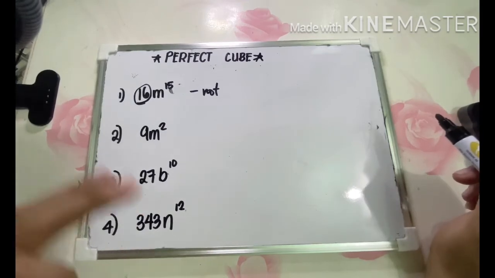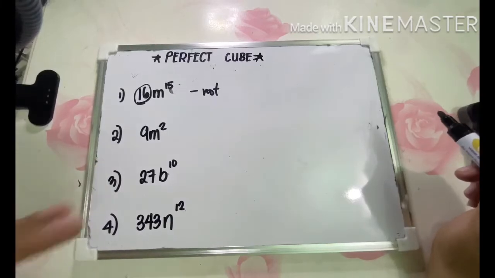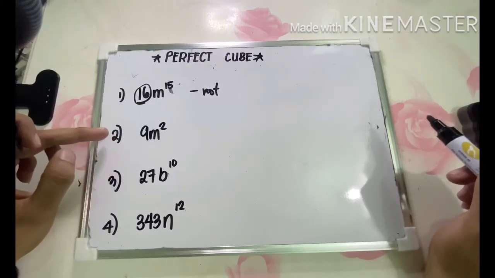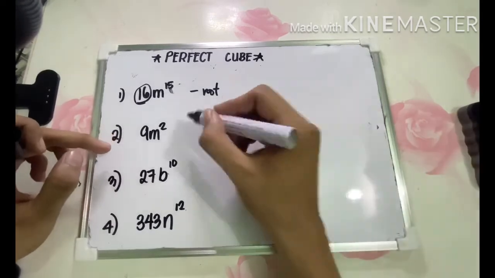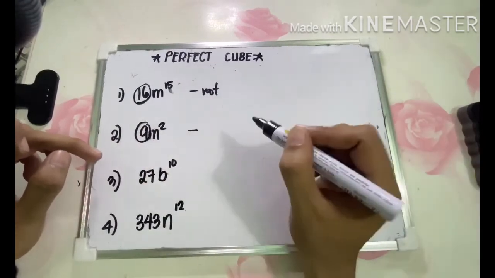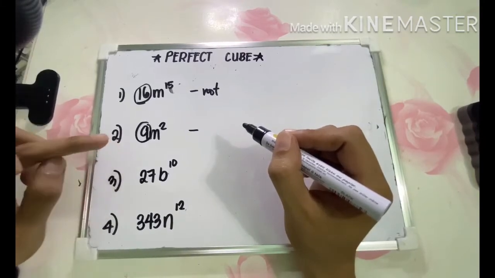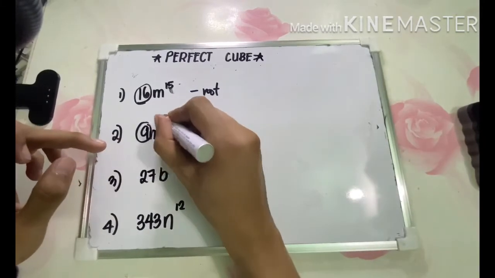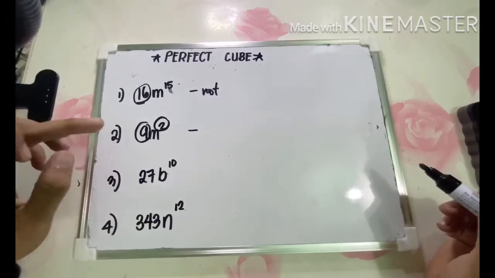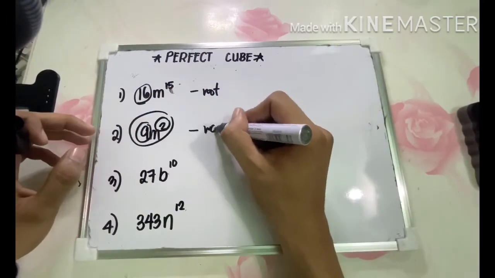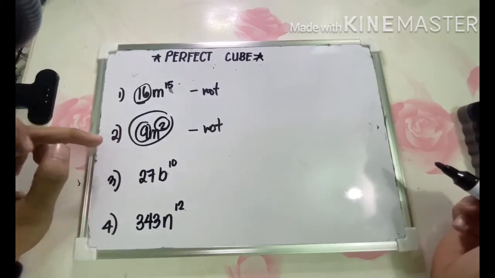So it makes the term not a perfect cube. Okay. Here, 9m squared. 9 is not a perfect cube. It is a perfect square. And this 2 is not divisible by 3. So this whole term is not a perfect cube, but instead a perfect square.